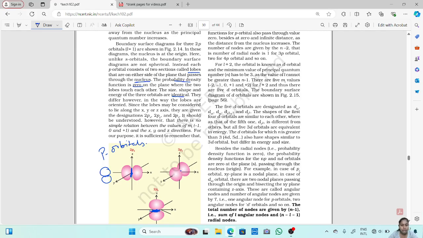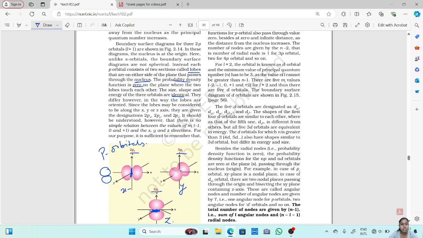One is along the X axis, another along the Y axis and another along the Z axis. So this is 2px, 2py and 2pz, because this is on the x-axis, this is on the y-axis and this is on the z-axis. Only their orientation is changing.